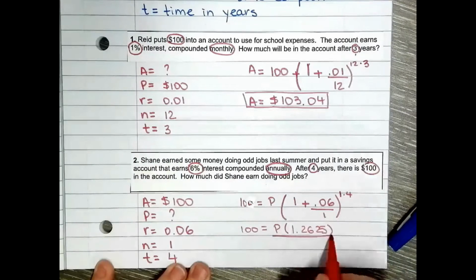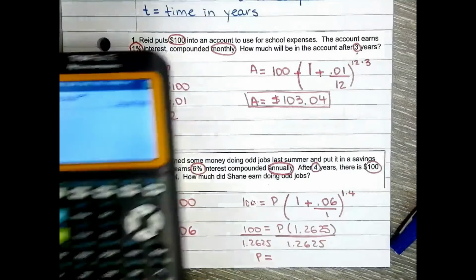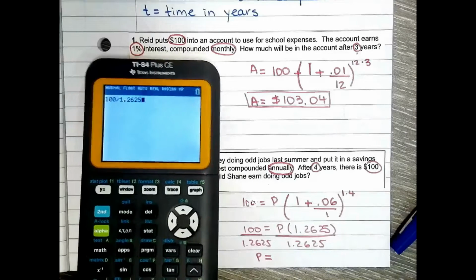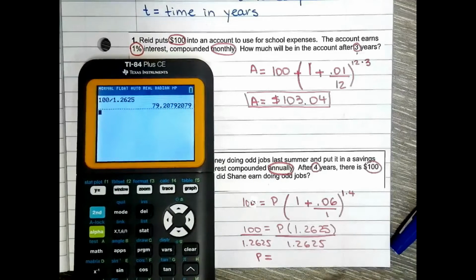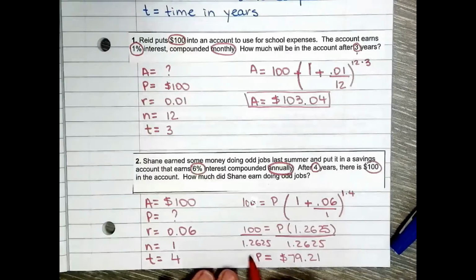And then divide both sides by 1.2625. So P equals $79.21. That's how much money he earned doing odd jobs 4 years ago.